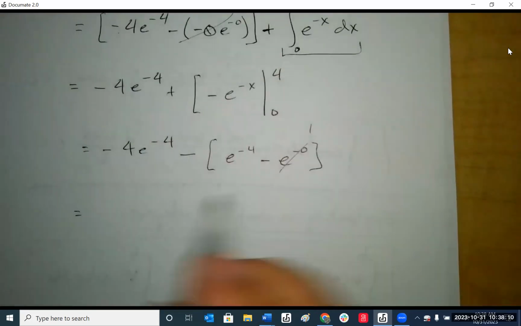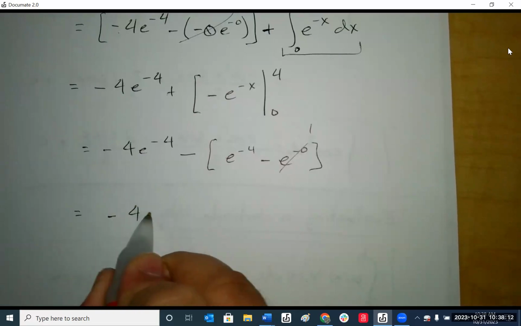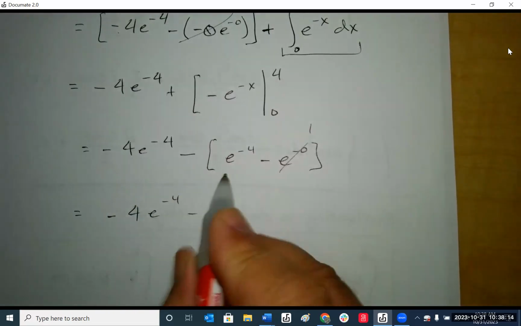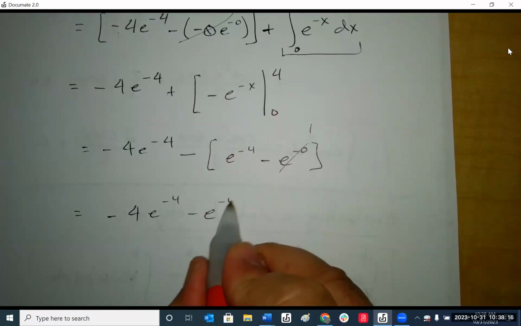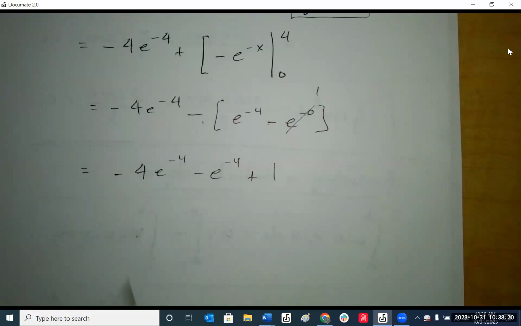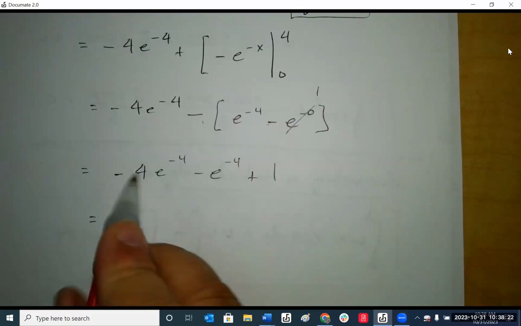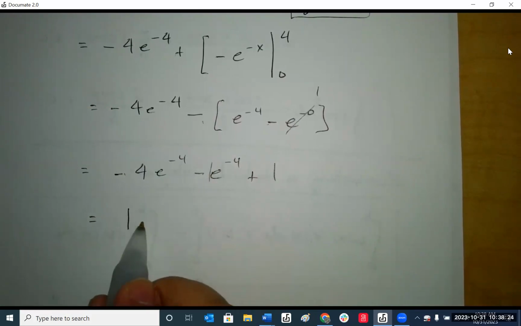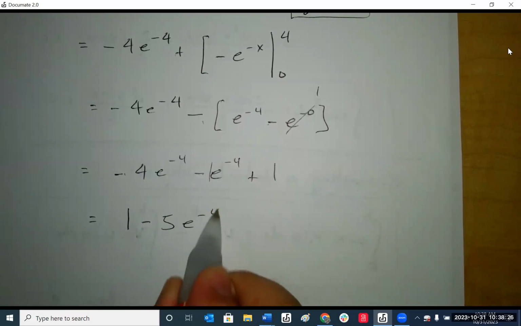This becomes 1. So we have negative 4 e^(-4) minus e^(-4) plus 1.